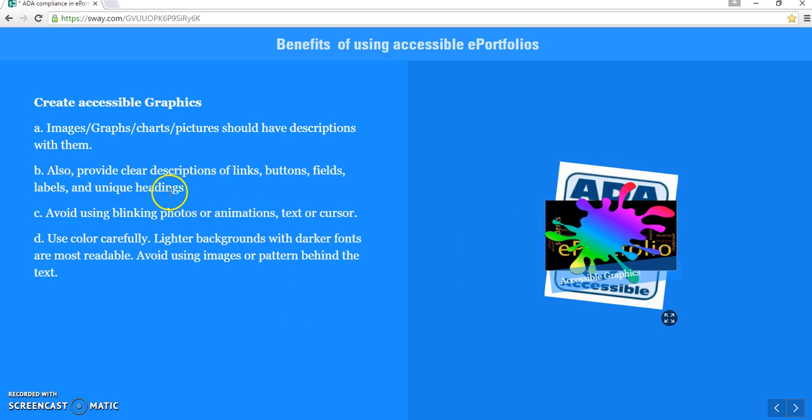And you should also provide descriptions of clear links. Links should not be long http://www kind of links. They should be text links which have the link embedded in them.